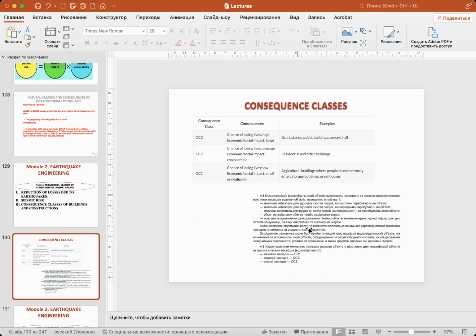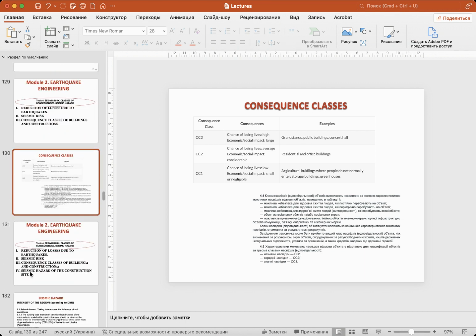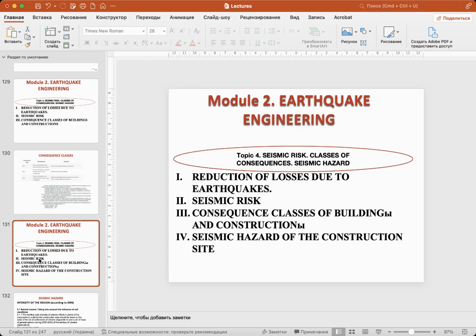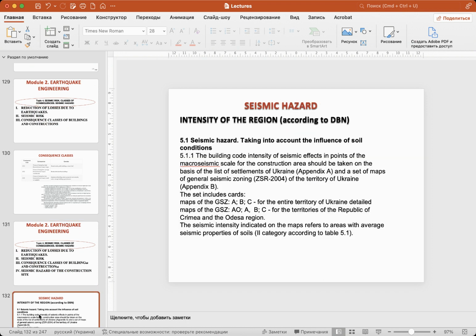In Ukraine, we have a more sophisticated way to find out the consequence class, which is important for us when we are trying to calculate load-bearing capacity of structural elements. And I want you to remember information about consequence classes, because it is very important for us to know the influence of consequence classes on seismic hazard on the construction site.